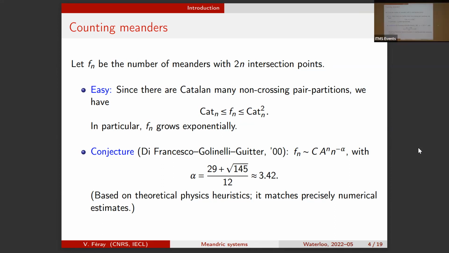So the conjecture by Di Francesco, Golinelli, and Guitter in 2000 is that this singular exponent is (29 + square root of 145) over 12. And the story is rather interesting. The first computation of this singular exponent was done, I think, by maybe Lando and Zvonkin.